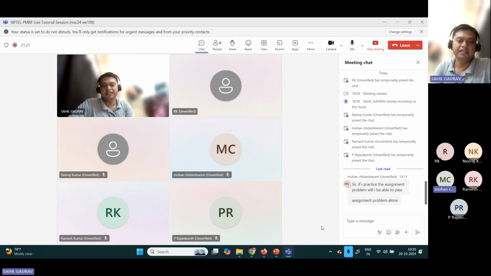I think they are releasing it slot wise according to the area. If in your area your batchmates have taken this course, you can ask them. Otherwise, you can write to them directly, you can mail them also. They will respond quickly.